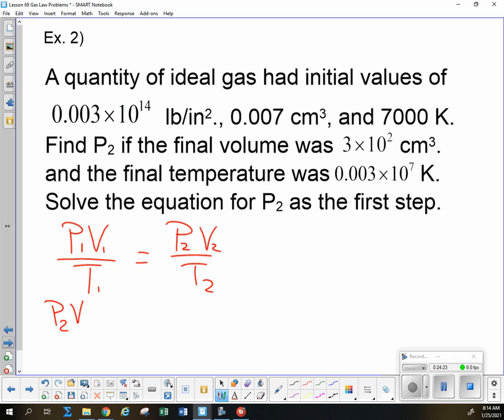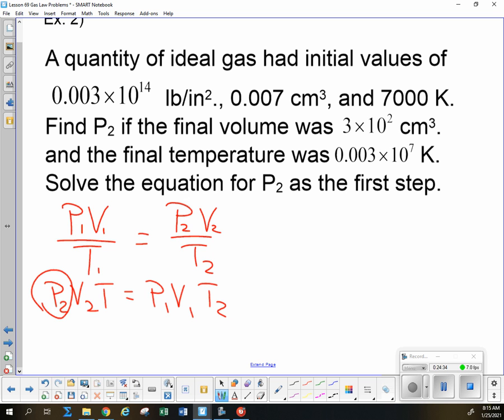P2, V2, T1 equals P1, V1, T2. I want P2, so I need to keep that and divide by everything else. So P2 is P1, V1, T2 over V2, and I lost my subscript there, so let's see. That was a T1. And a T1 there.